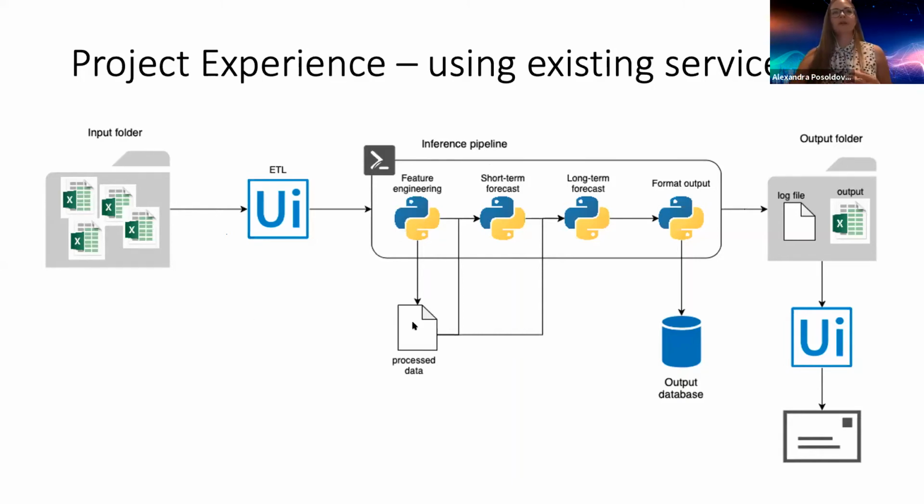The features were stored in a pickle file as temporary processed data that was then used for the short-term and long-term forecasts. And the final output was stored in an output database, as well as Excel outputs that were then sent, again using UiPath, to the SME via email, alongside any logs.